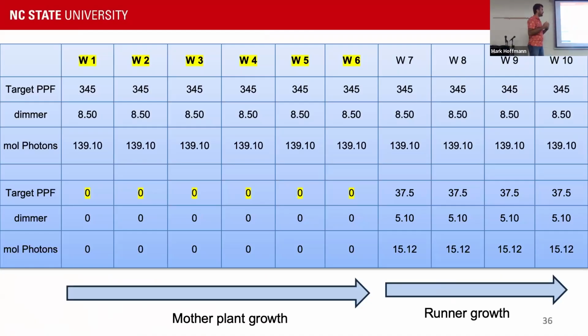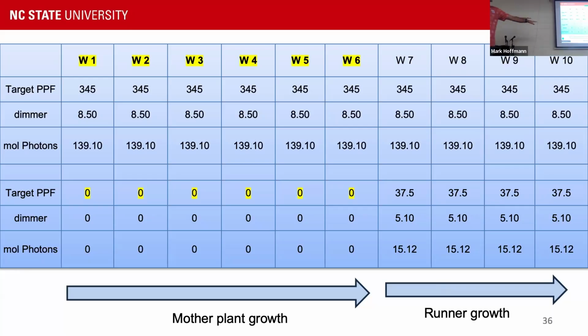We talked and said, we don't have any runners until week 6 because our plug plants are just growing on the top, trying to reach canopy closure, and we have runners basically after week 6. What if we don't get rid of the mother plants, we keep them, we have that amount of foliage on the top, and we have a second round of harvest.